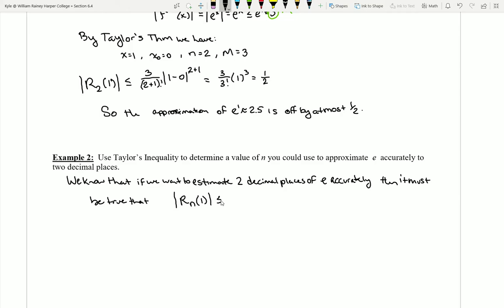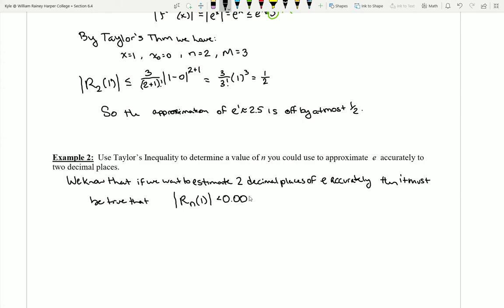Now here's what it would need to be smaller than. I would need this remainder, I'll just have it strictly be less than, but I need this remainder to have the appropriate amount of error. I need it to have 0 error in the ones digit, 0 error in the tenths digit, 0 error in the hundredths digit, so that all these places are perfect, and then I can technically select any amount of error that I want for the last digit.